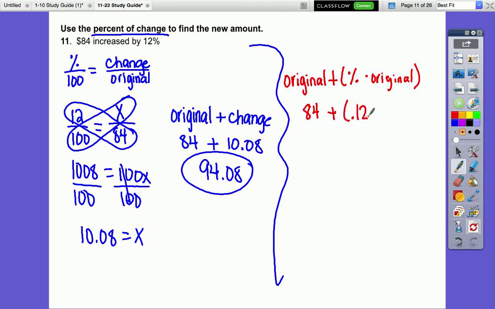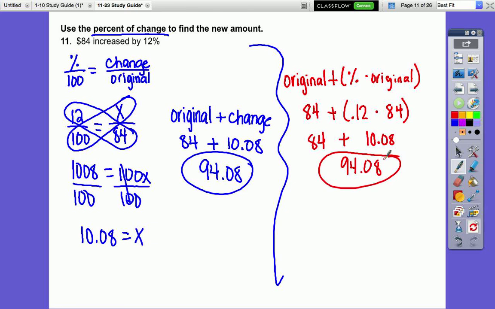You have to put that as a decimal, times your original, which was $84. And 12% times 84 will give you 10.08. Same thing. And you add that back to your original. This is pretty much the same thing, the same process. It's just the way that it's worked out is just a hair different. One way you showed all the steps using the percent change. The other way is another method that was taught in class using your original plus the percent of your original. Both ways give you the same answer.